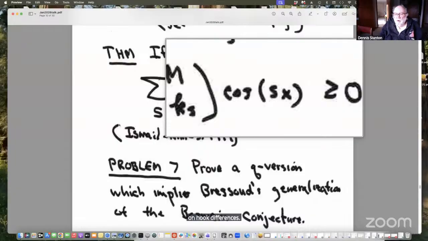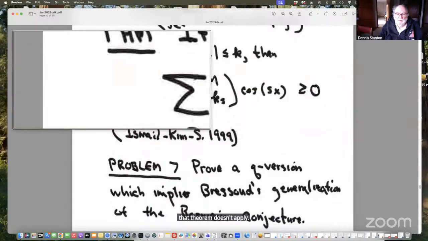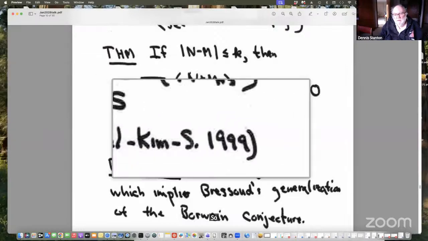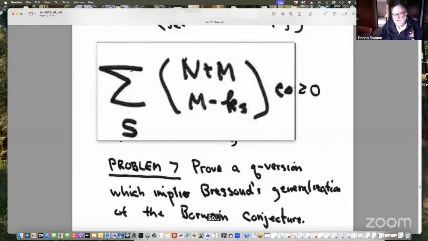The problem with the Borwein, of course, is that some of the parameters are rational numbers instead of integers, and that theorem doesn't apply. So I like this theorem. I can't say that it's all that important. Good luck on doing problem 7.